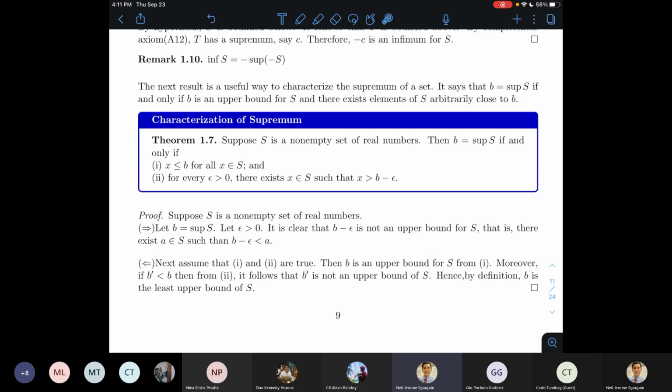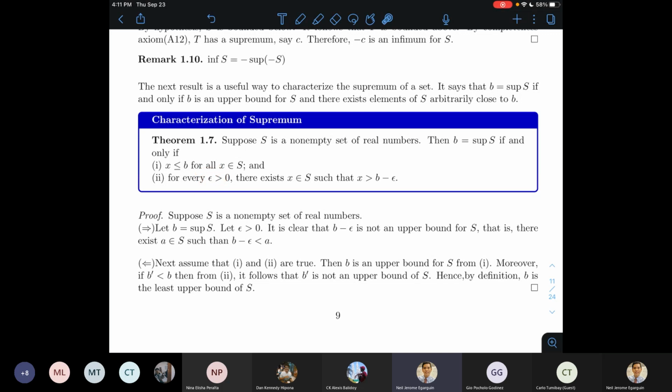So tingnan natin ano yung ibig sabihin or interpretation ni property 2. So ang ibig lang sabihin niya, remember in math, whenever we write epsilon, we usually mean something that is very small, okay? So you can imagine epsilon to be a very small number.